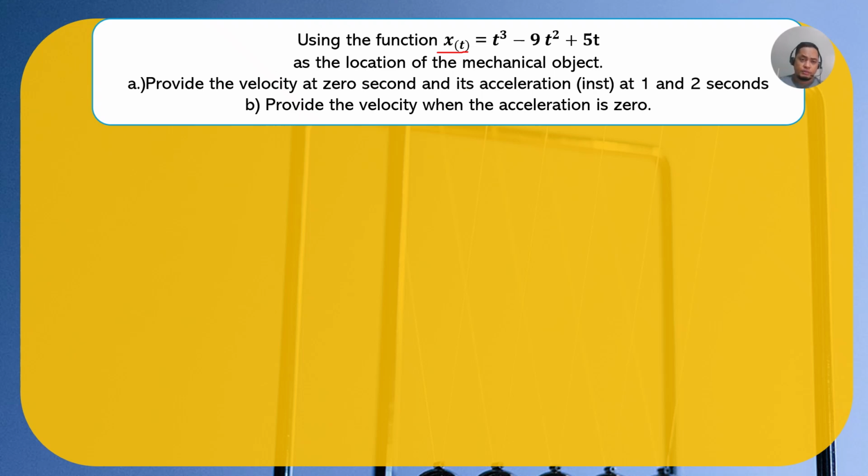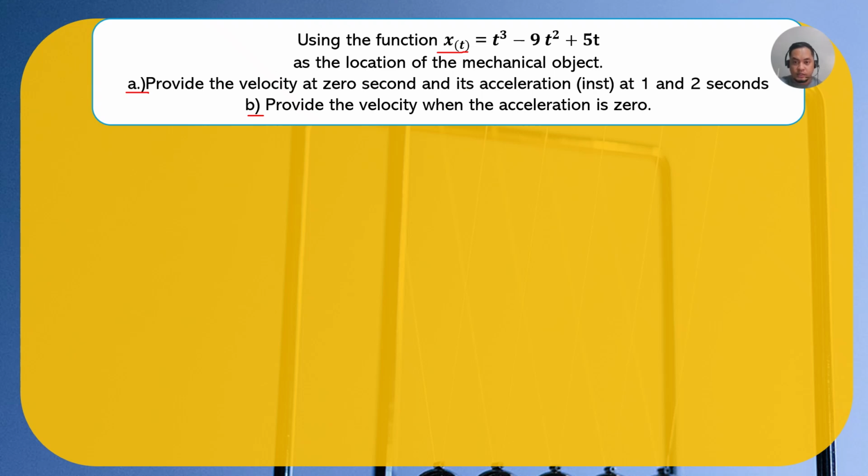In this problem, you need to provide the velocity at 0 second and the instantaneous acceleration at 1 and 2 seconds. But in this problem, we will be focusing on providing the velocity at 0 second, and we have to provide the velocity when the acceleration is zero.